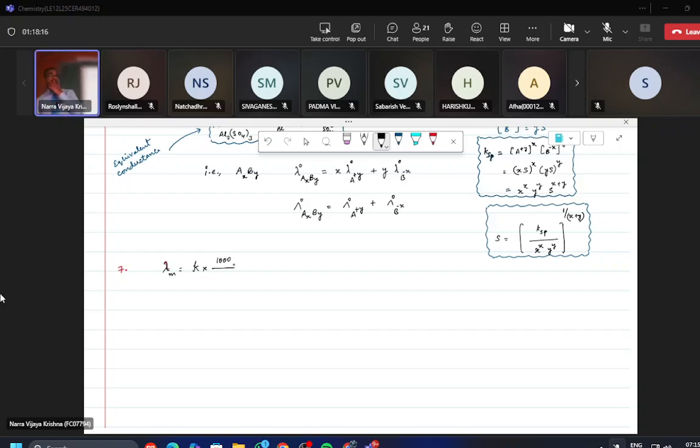Molarity. Instead of molarity, what I am writing now is KSP upon X power X into Y power Y, whole power 1 upon X plus Y.